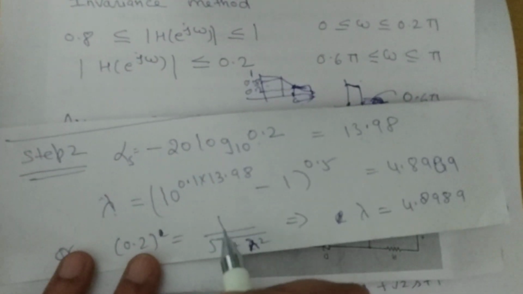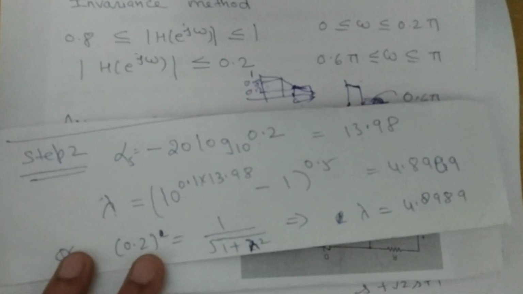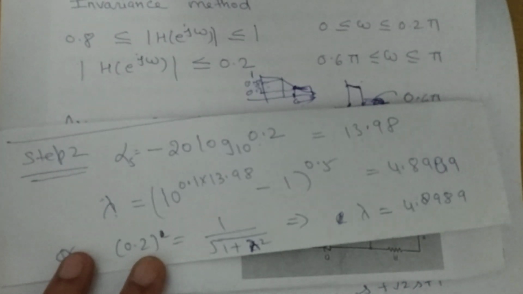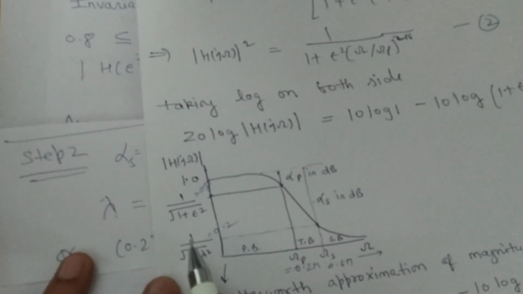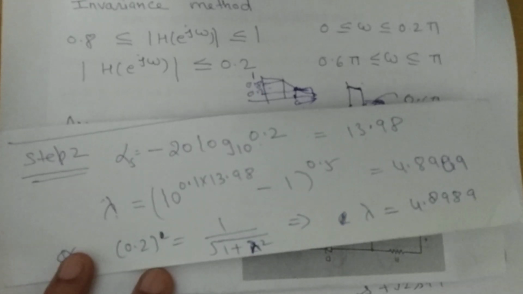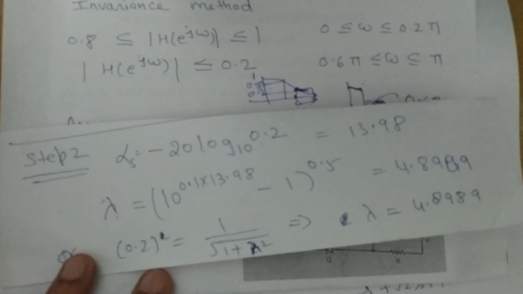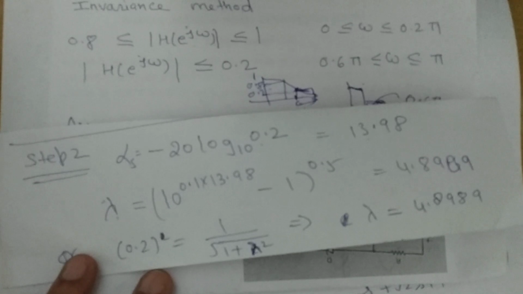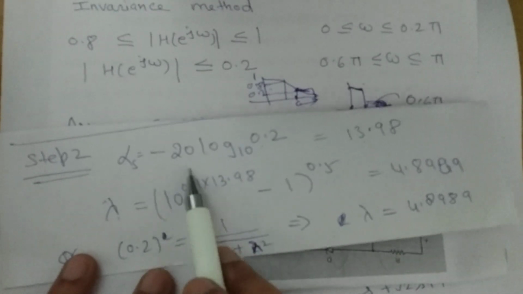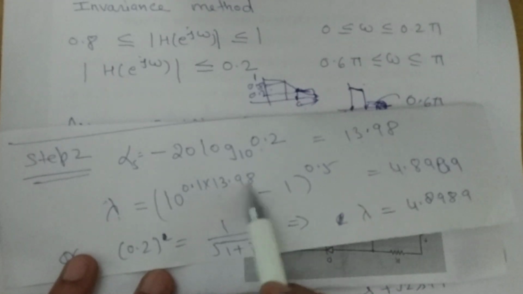Otherwise, we can see that 1 upon the square root of 1 plus lambda squared is equal to 0.2. From this relationship you may directly get lambda equal to 4.8989 in this particular question. From both methods you get the same answer, but in the first approach you have to convert alpha s onto the dB scale first, because this is a dB value.